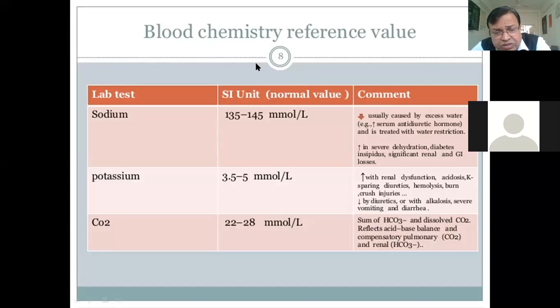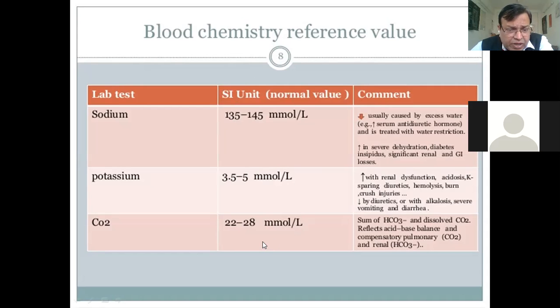In that condition the concentration of potassium will decrease from the normal value by taking diuretics, or by alkalosis caused by your food or by taking any kind of medication. Severe vomiting and diarrhea also reduce the level of potassium.